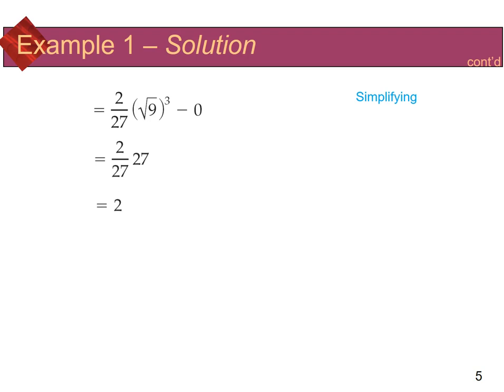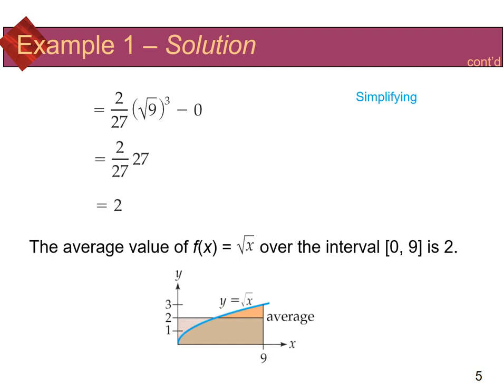Graphically, they're showing the function y equals the square root of x and the area underneath that curve. The average would be like the area of that rectangle. If I go from 0 to 9 and up to a y value of 2, the area of that should be approximately the area underneath the curve. It's the average area, more or less.